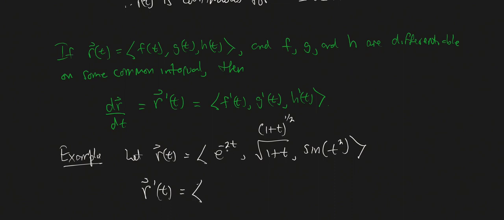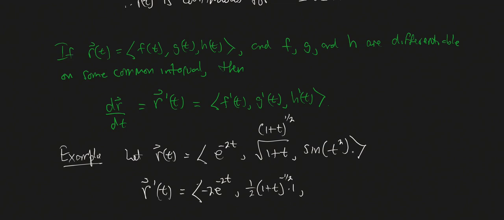So using our chain rule, the derivative of the first component is -2 e to the -2t. The derivative of the second component is 1/2 times 1 plus t to the -1/2, and technically we're supposed to multiply by the derivative of the inside, which is 1, so I'll write that there just as a reminder that we are using the chain rule.